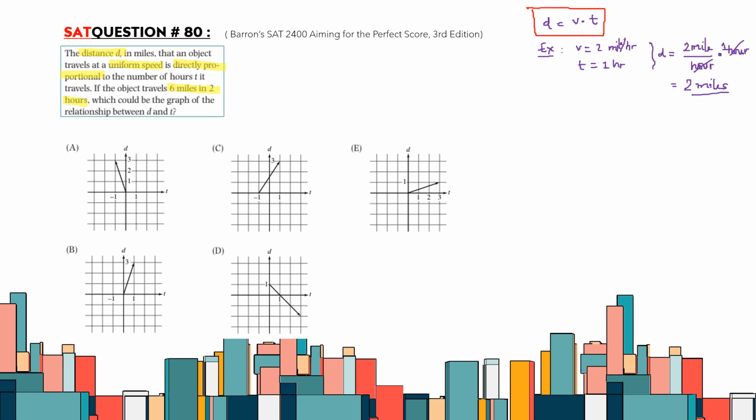So how do we remember this one? You will have D inside of the circle, and V and T at the bottom. It's the same level, right?